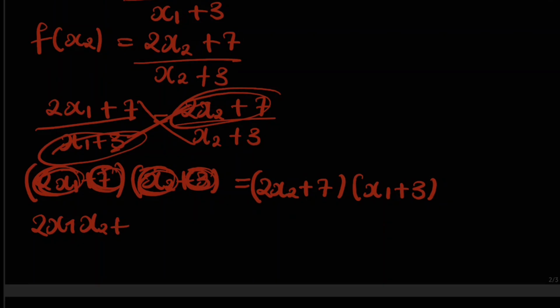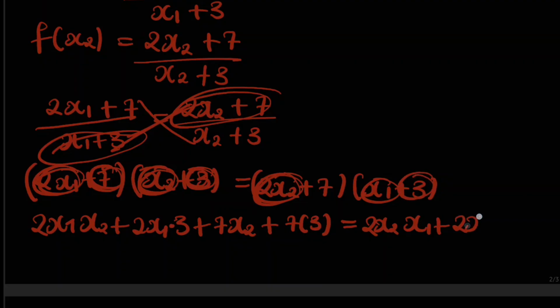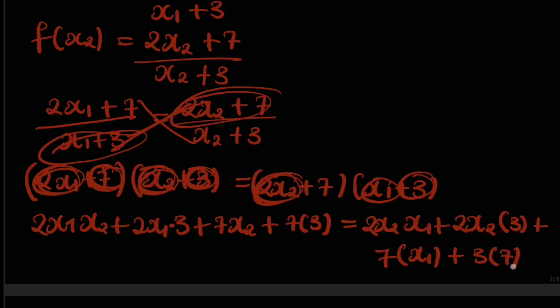After that we have plus 2x1 times 3, plus 7x2, plus 7 into 3, equal to, do the same, this and this, 2x2x1, plus this and this, 2x2 into 3, plus 7 into x1, plus 3 into 7.